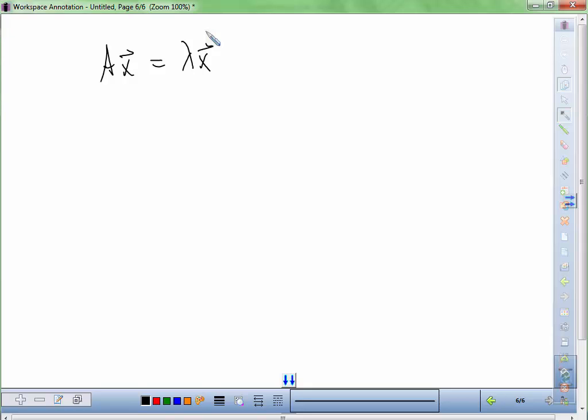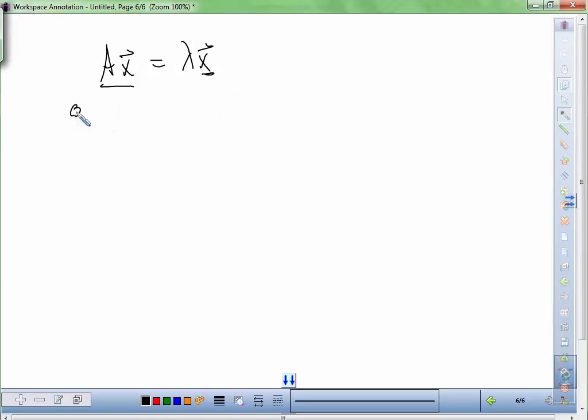And here what they're saying is that when you apply a matrix to a vector, it's going to be that same vector scaled by some value. Does that make sense?